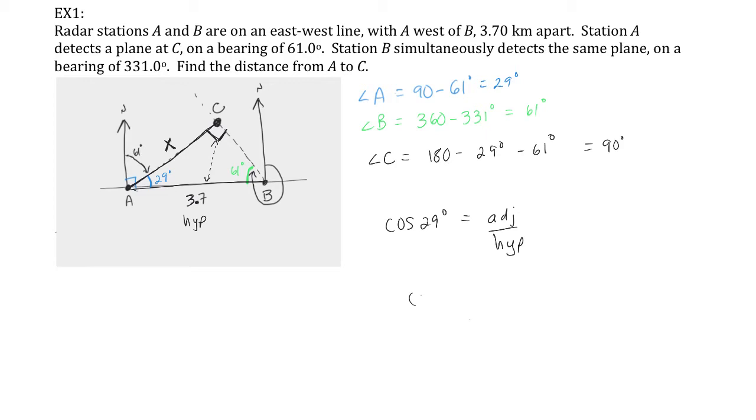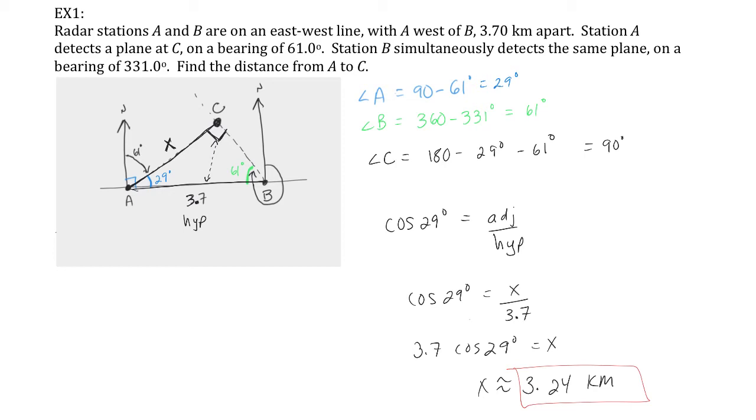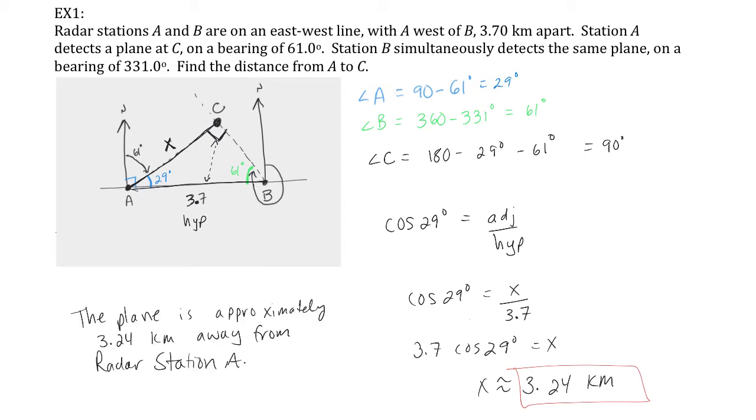So cosine 29 equals x, the adjacent that I want to find, over the hypotenuse, 3.7. I multiply both sides by 3.7, so 3.7 times cosine of 29 degrees equals x. On the calculator, x is approximately 3.24 kilometers. So the plane is approximately 3.24 kilometers away from radar station A.